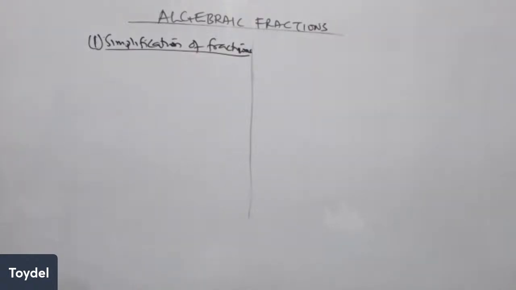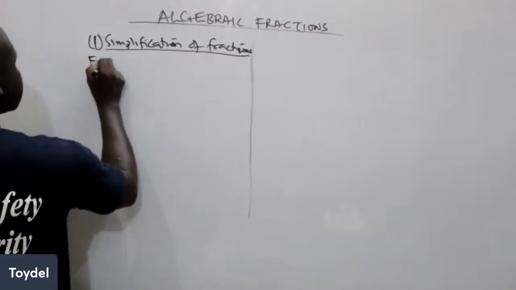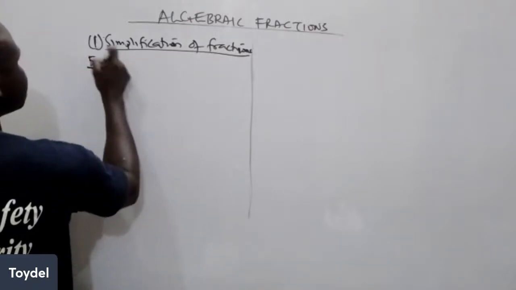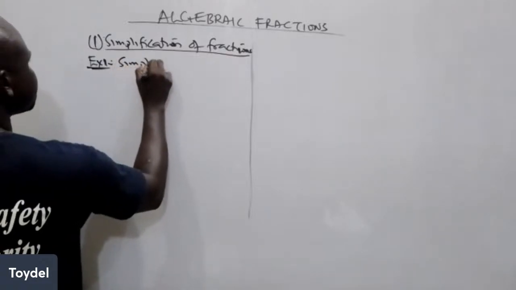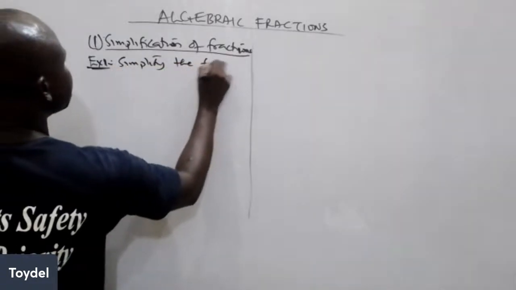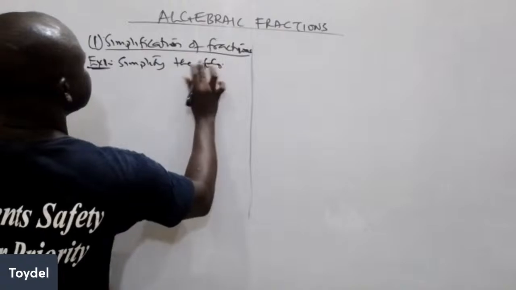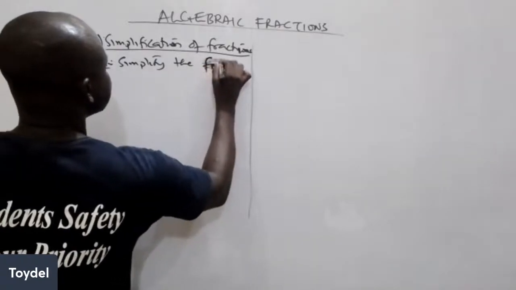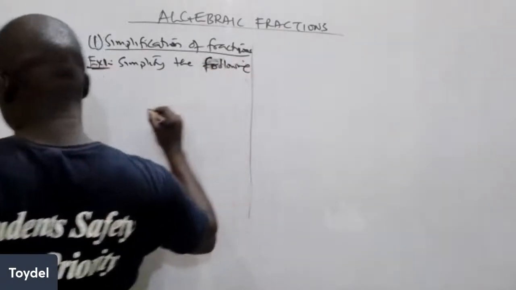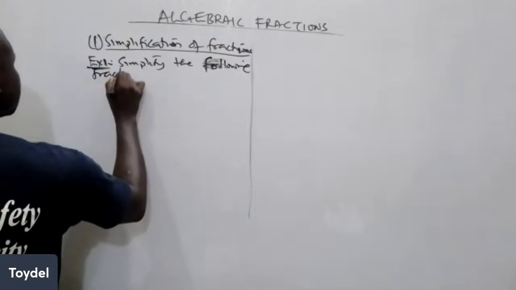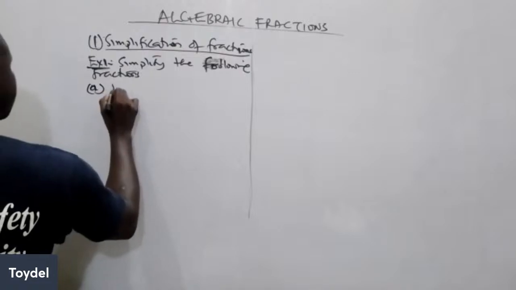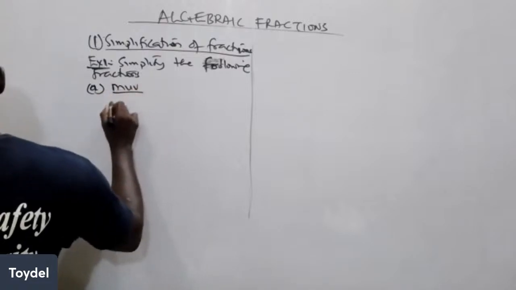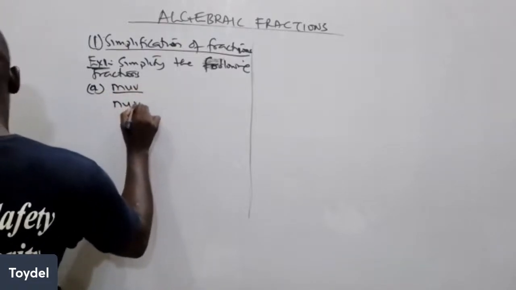So let's take an example under this simplification of fractions. Example 1: simplify the following fractions. We take just 1 or 2 examples. A, the first one, where we have MUV all over NUV.